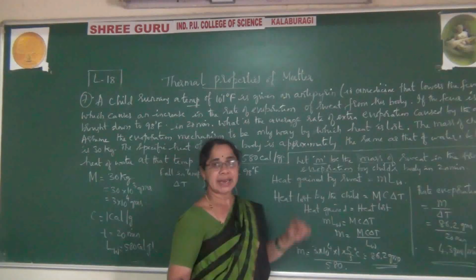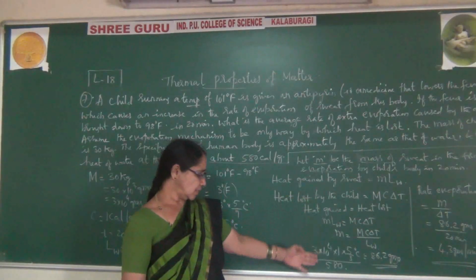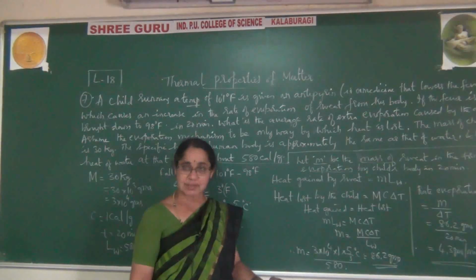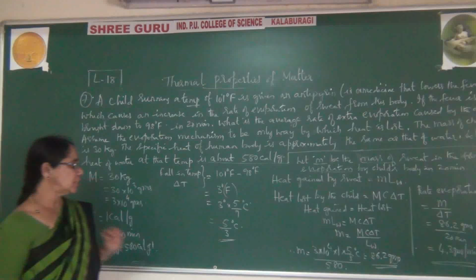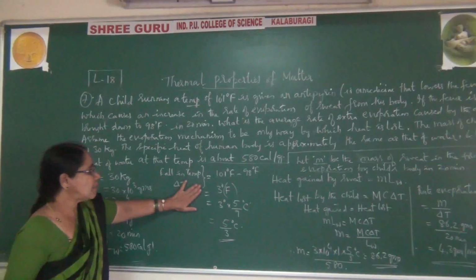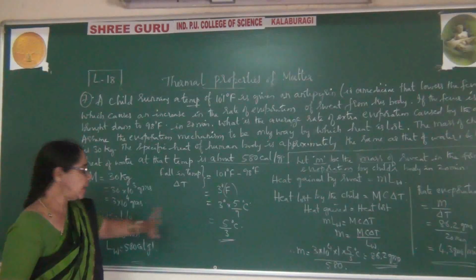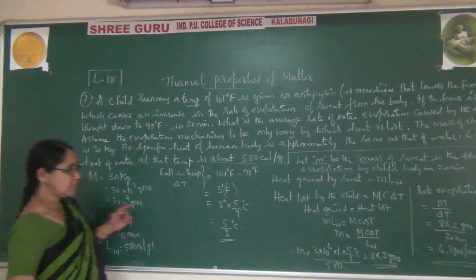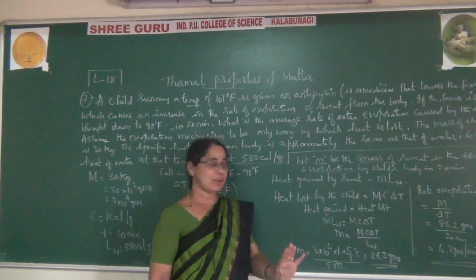The first step is heat gain equals heat lost. After completing this, there is one more step, the rate of evaporation. So just remember these things. The conversion from degree Fahrenheit to degree centigrade carries marks, and writing the formula heat gain is equal to heat loss carries 1 mark.